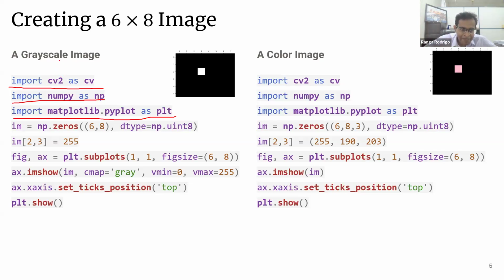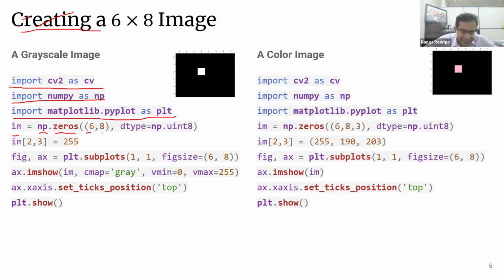Okay. Now this is creating a 6 by 8 grayscale image. We said an image is an array and each array number must be an 8-bit number, and those numbers must be positive. So when we are creating an image, im equals, we are using numpy np.zeros, an image of all zeros.